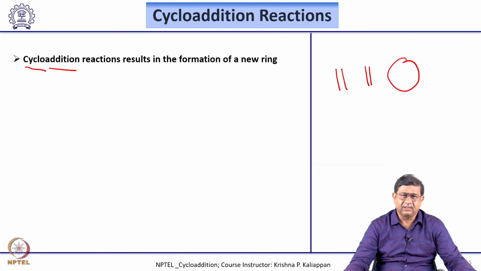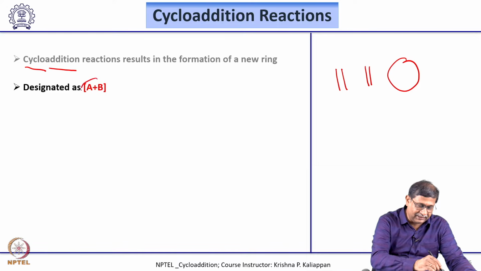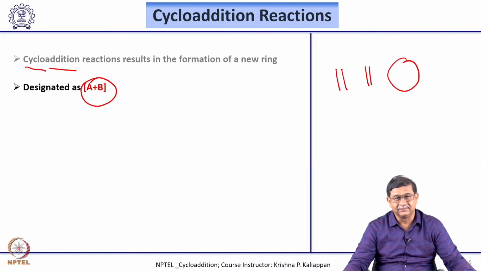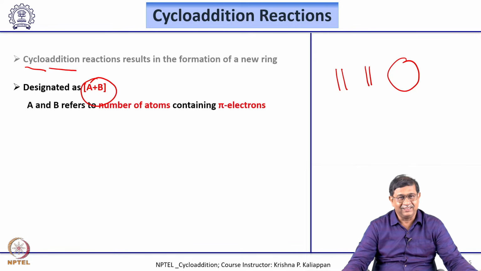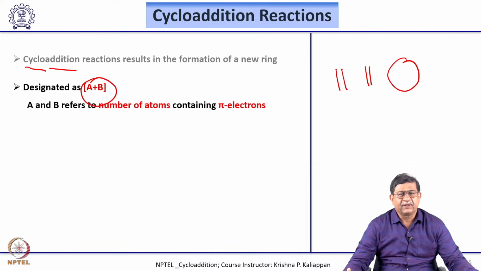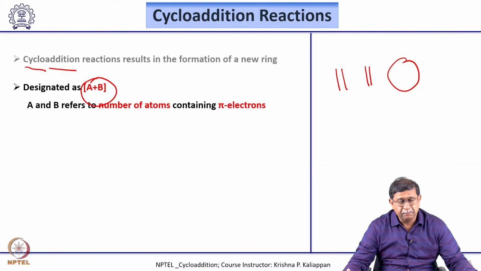Normally when we look at cycloaddition reactions, you also see them written as A plus B in square brackets. What are these A and B? The A and B normally refer to atoms. A and B represent the number of atoms having pi electrons.